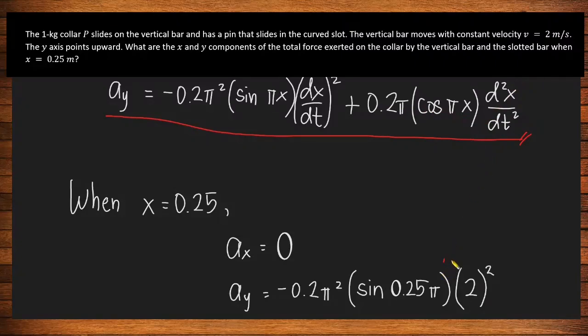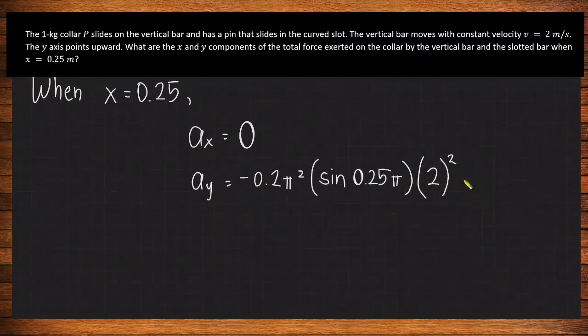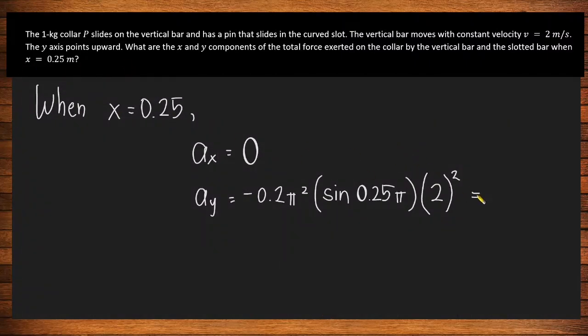So we now have the value of the y component of our acceleration. So that is equal to negative 5.58 meters per second squared. Again, the negative sign here indicates that the direction of our acceleration is along the negative y direction.